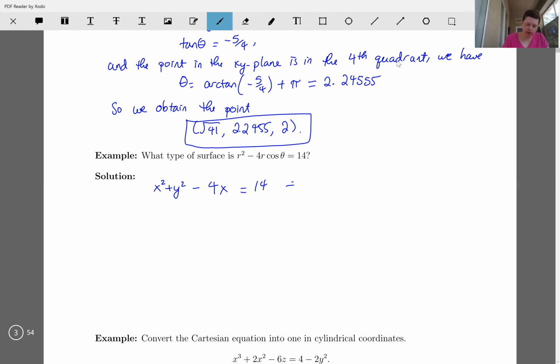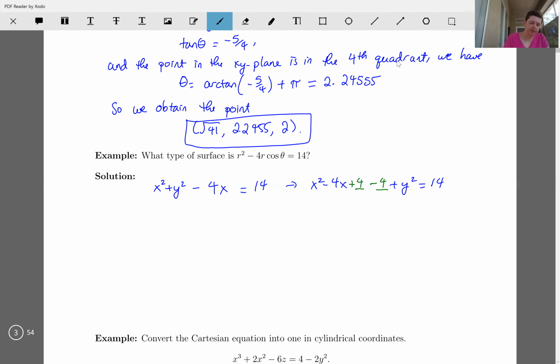So we want to look at this as x squared minus 4x plus y squared equals 14, and we're going to complete the square. We reviewed this a little bit previously, but remember, we're going to plus and minus. What are we going to plus and minus? We take half the middle term, divide by 2, and square it, so that's just 4.